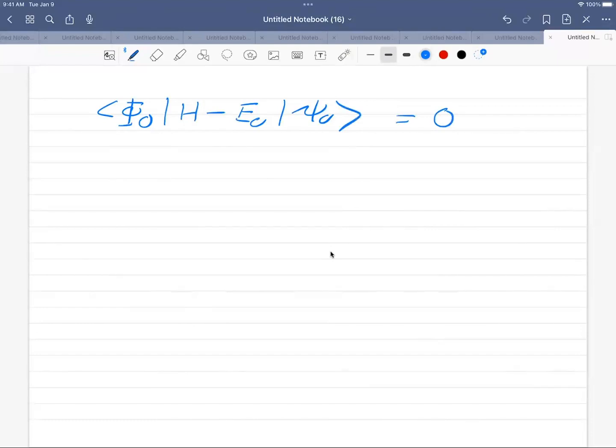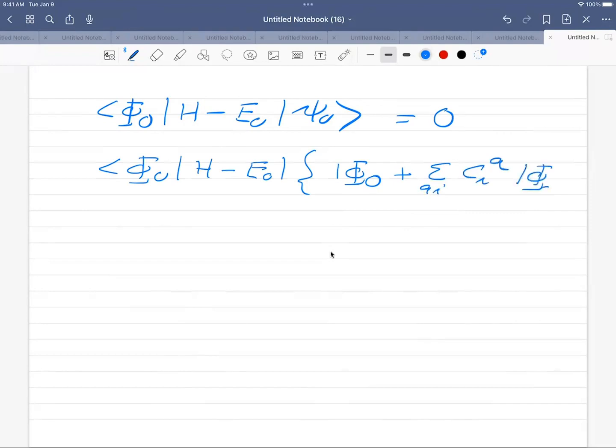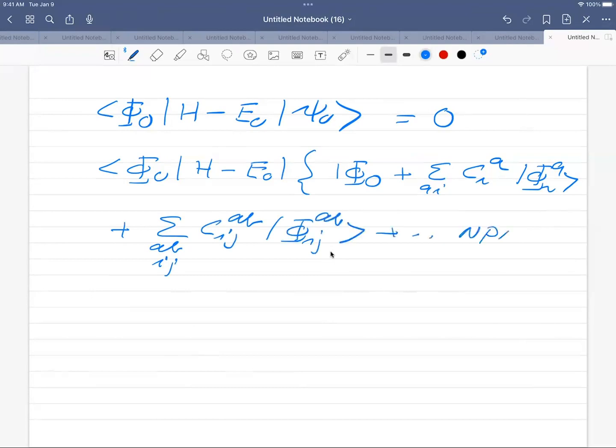So if I do that, what I'm going to get now is phi 0 of h, and when minus E0, and then I have this sum which has a coefficient which I now put to 1, so I have phi 0 plus this sum over A, I of CIA multiplied with phi IA, and I get the higher order terms A, B, I, J, C, I, J, A, B, phi I, J, A, B, and this goes up all the way up to n particle, n hole.